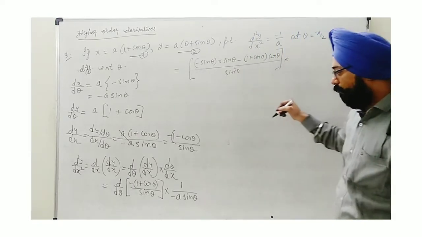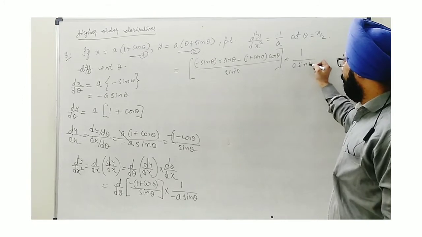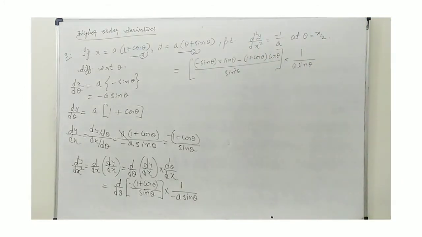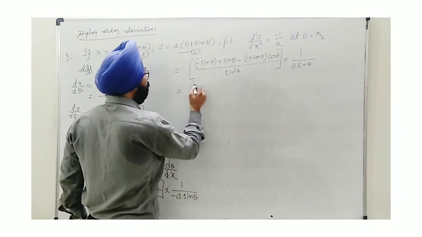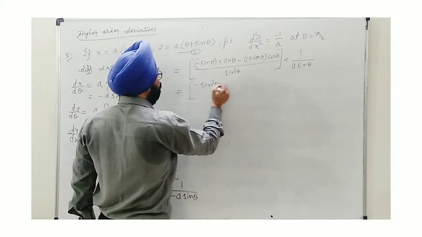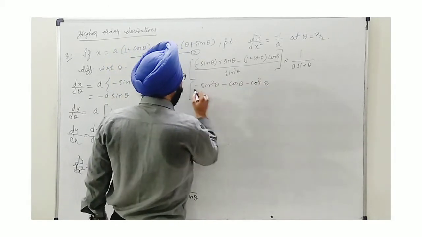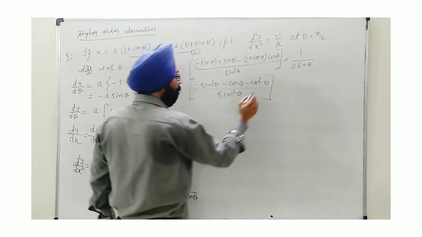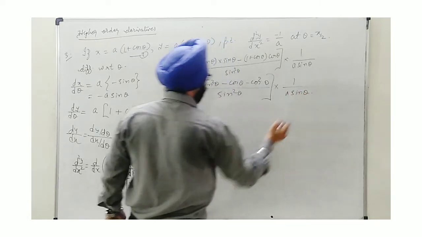We get sin square theta, and here 1 upon a sin theta, as the minus sign has already gone with the previous one. Now we simplify here. We get minus sin square theta minus cos theta minus cos square theta upon sin square theta, into 1 upon a sin theta.